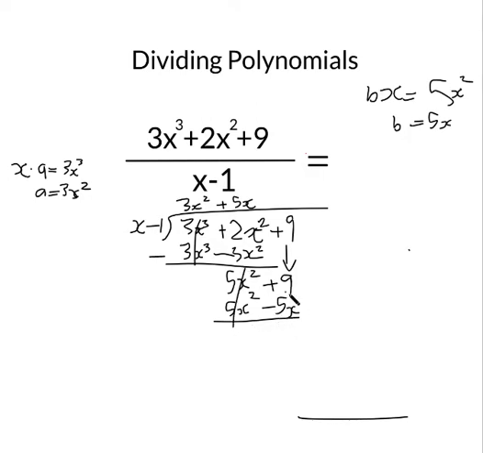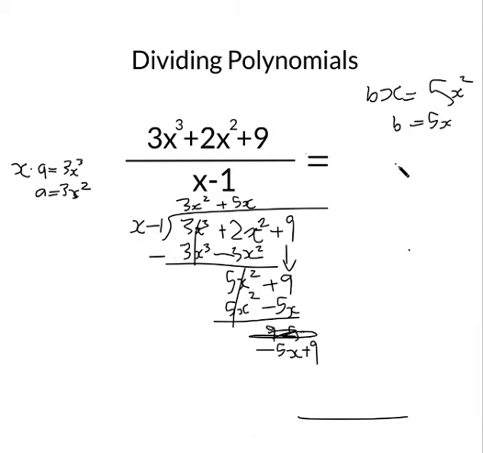You can't subtract a constant by a number that's multiplied by a variable, so we just leave it like that. We should probably put the variable first because that's how it is in the divisor: negative 5x plus 9. Now we can still divide this one more time.